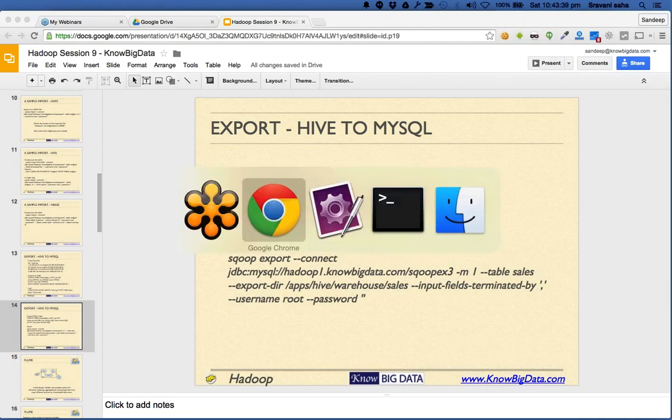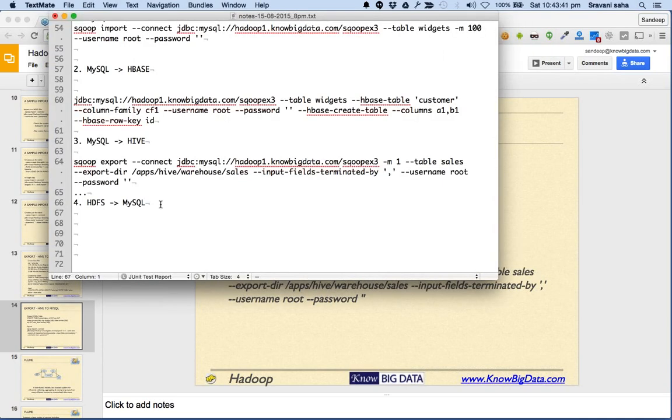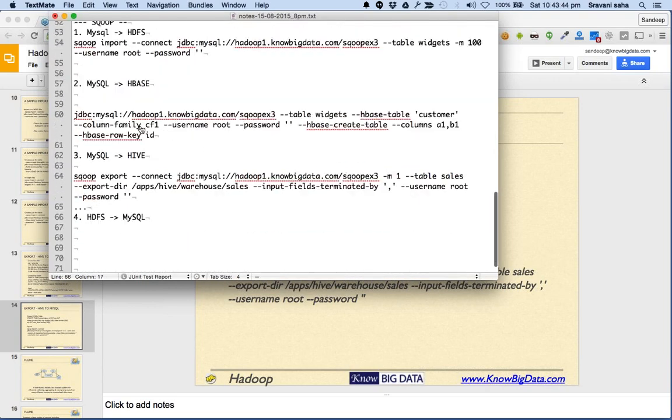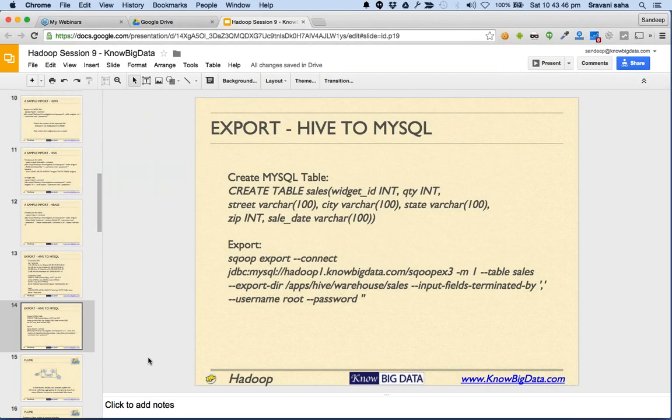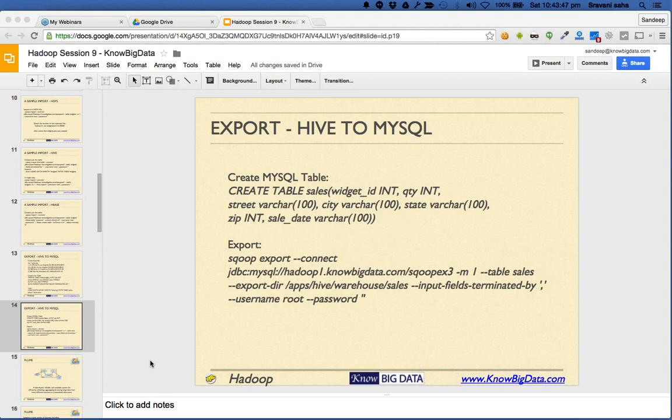So we have covered all these cases, these four or five cases. You can try importing and exporting, just following the steps mentioned in this tutorial, to clear the confusion. Trust me, once you do these steps, it will be far clearer to you than just listening.